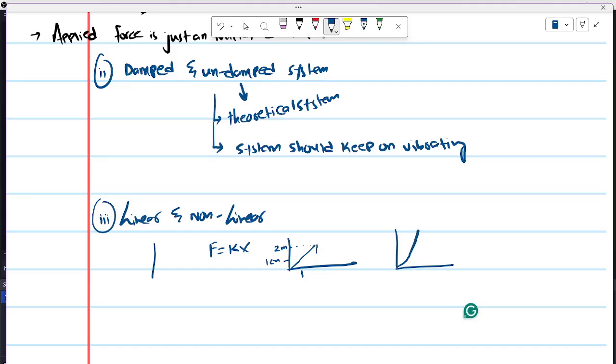There is something involved. It means your system is not linear elastic. Maybe your system is hyper elastic, or maybe your system is viscoelastic, right? So in that case, you will have different techniques to handle these kinds of non-linear equations.